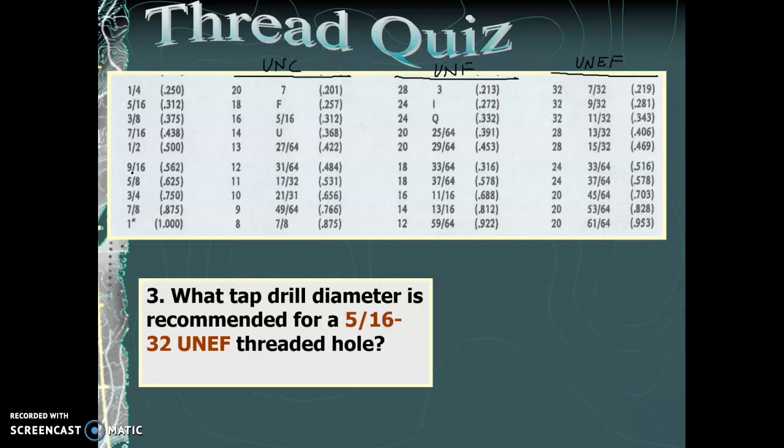So if we look at our 5/16 inch diameter, and we come over here, that's UNC. Keep coming over here, that's UNF. Keep coming over here, and this is UNEF. That's our 32 threads per inch, which means we need a 9/32 drill bit to drill the tap hole.